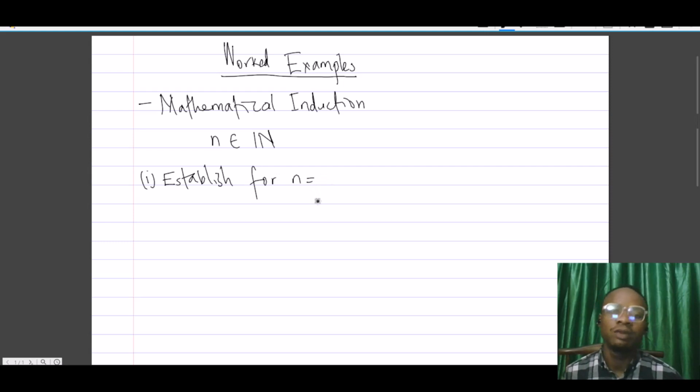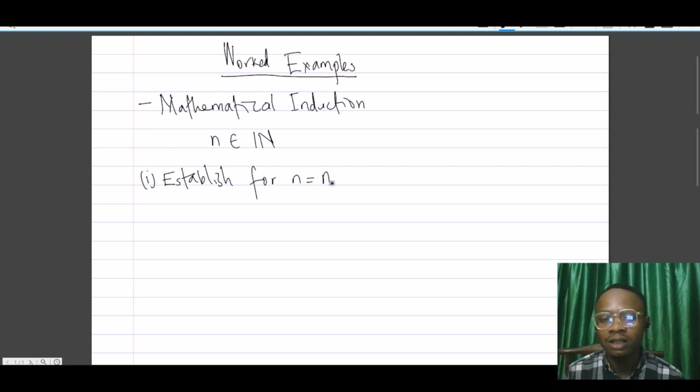It can also be for n equal to 0. If it happens that the formula applies from n equal to 0 forward, we've said before that natural numbers could start from 0 in some contexts, it could also start from 1. So if the first term for which the given formula or statement is true is 1, then we will establish it for n equal to 1. So this may be n equal to 1 or n equal to 0.